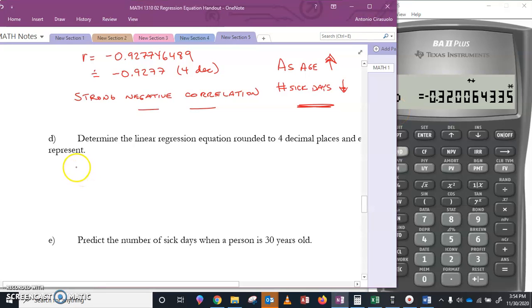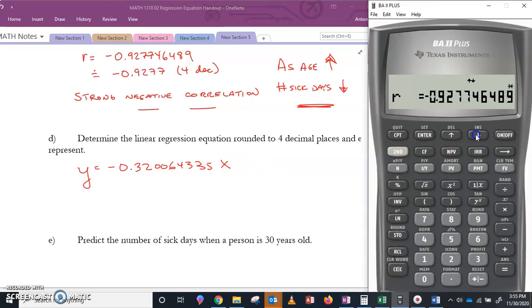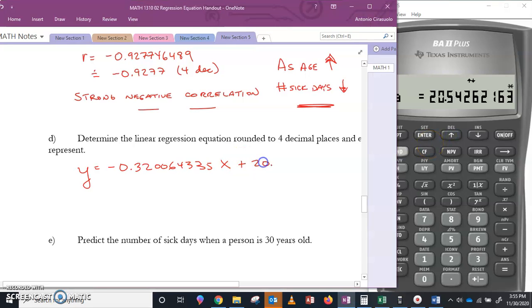So according to this, we have y is equal to negative 0.320064335x, and A is 20.54262163, and then we can round to 4 decimal places for each of these parts.